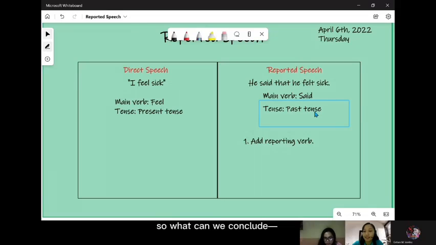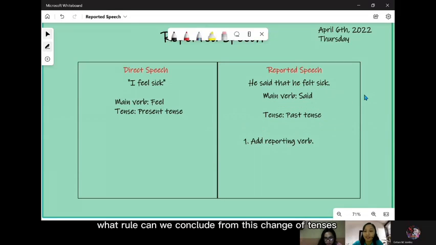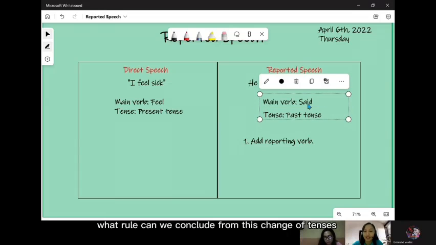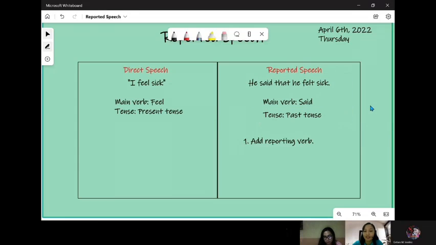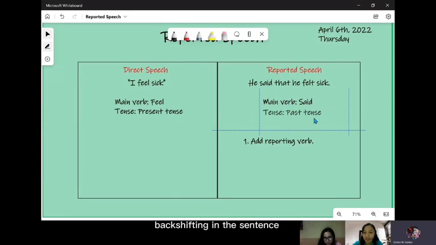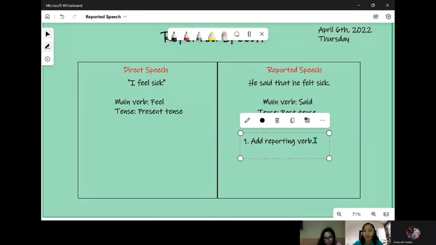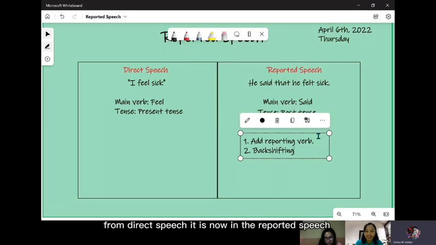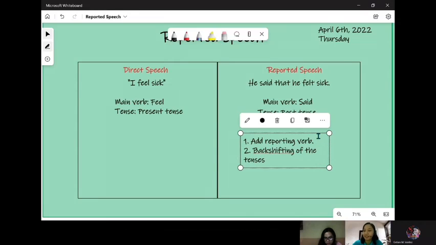So what can we conclude? What rule can we conclude from this change of tenses when converting from direct speech to reported speech? The change of tenses. Backshifting in the sentence. Okay, can you explain what backshifting is?